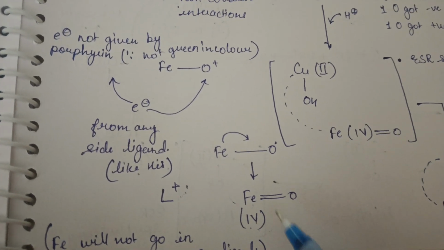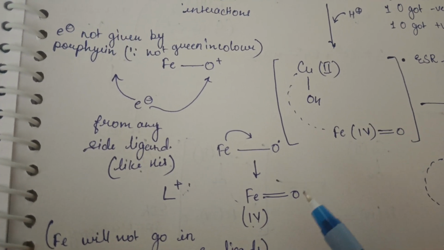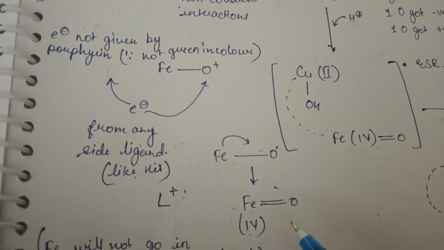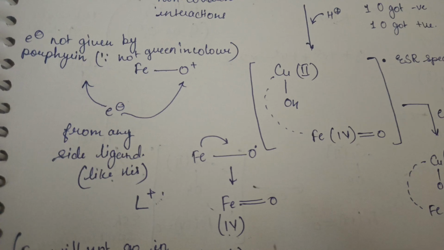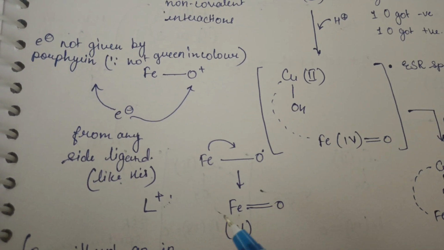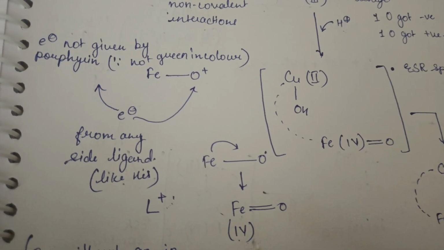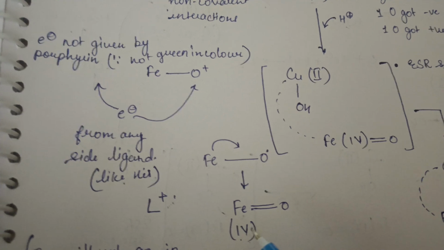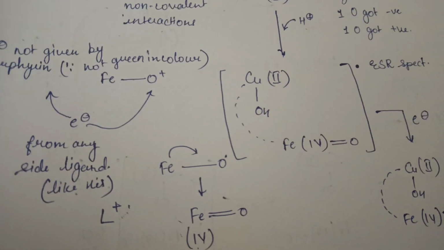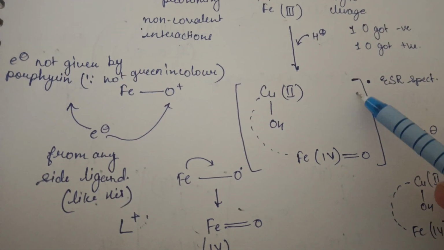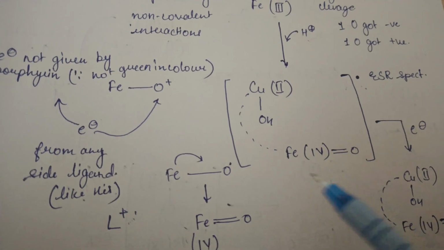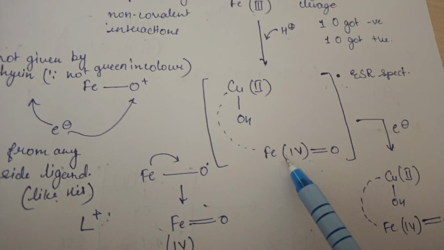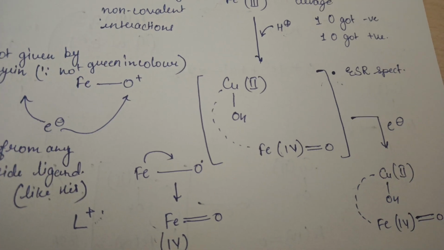Fe is not going to the plus 5 oxidation state because it can only do so if it has a very electronegative ligand surrounding it. Here there are no such electronegative ligands, only nitrogen based ligands, so it will be in plus 4 oxidation state. Here we can see that a radical intermediate is formed, and this is the final result that we get.